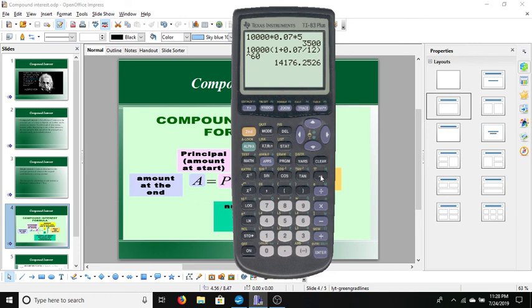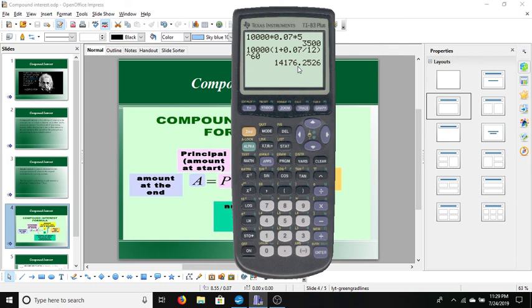$14,176. So on the first one, with simple interest, we earned $3,500 in interest. With compound interest, we earned $4,176. Now, the difference in the amount of interest gets a lot larger the longer the time is, and we will see very quickly in the next slide what I mean.